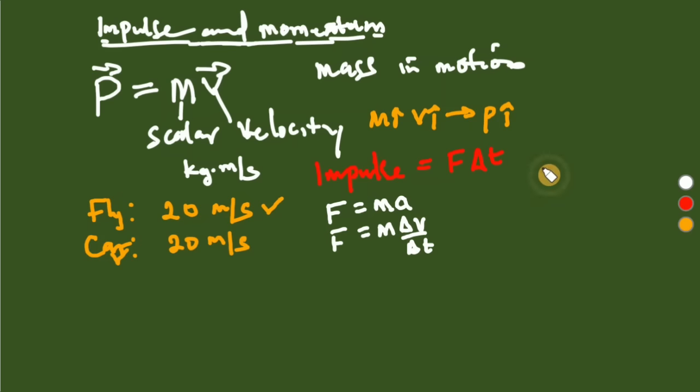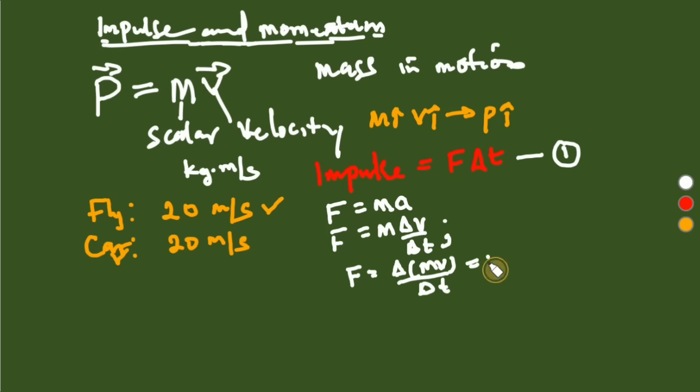So if we call this equation 1, we can get another equation and relate it with this. So we can have that F can be written as change in mass times velocity, and of course this is the momentum we are talking about.